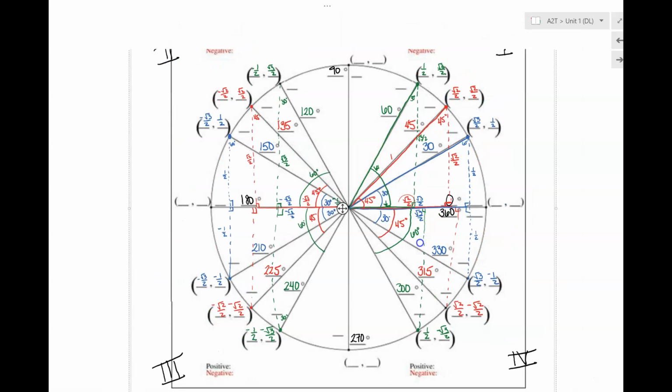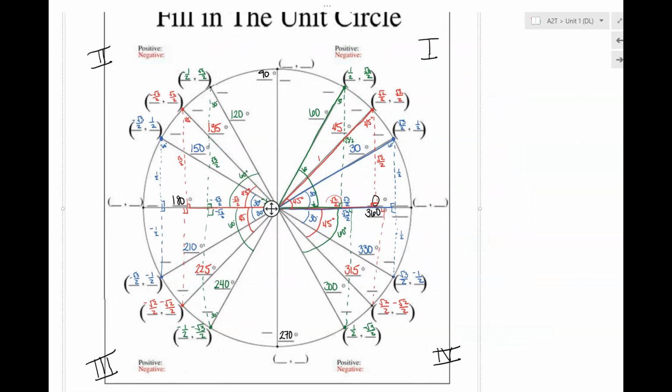Okay, so if I'm going to make this a little bit smaller, if we look at just the first quadrant, the x coordinates go rad 3/2, rad 2/2, 1/2. So all our denominators that we can see here are 2, regardless of what quadrant we're in. But the numerators from the x perspective go 3, 2, 1. The numerators for the y coordinates go 1, 2, 3.